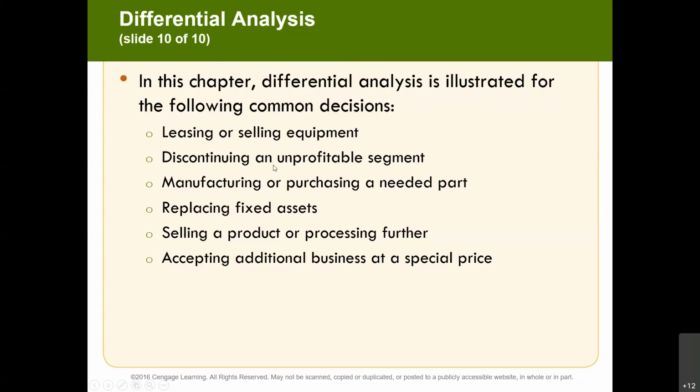Discounting an unprofitable segment, manufacturing or purchasing a needed part. Manufacturing or purchasing is a very large decision in business. Replacing a fixed asset, selling a product or processing it further, accepting additional business at a special price.